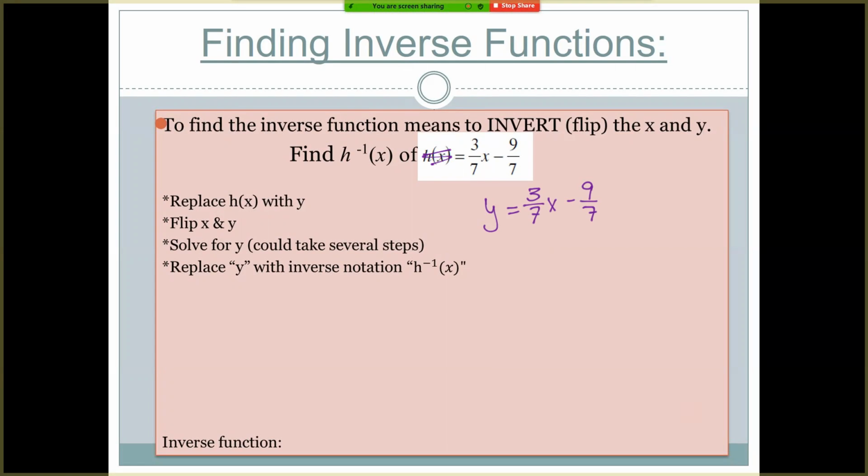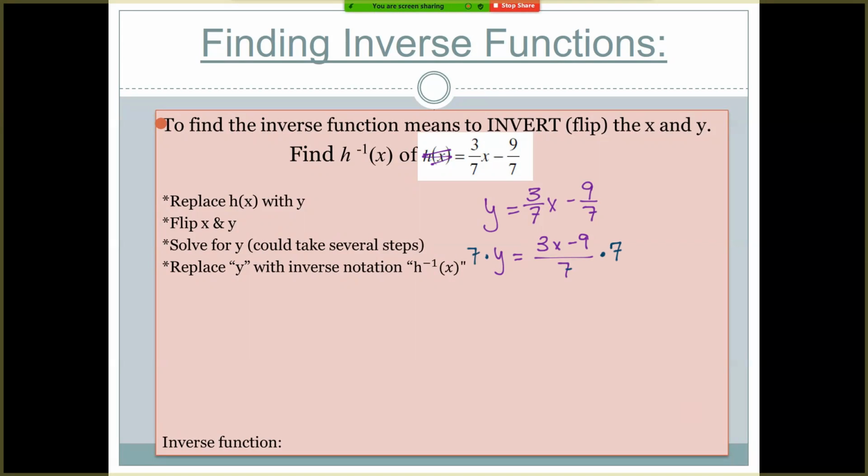Since these two fractions have common denominators, you could combine them to get y equals 3x minus 9 over 7. You could do that, or you could multiply every single term by 7 to cancel out your denominators.